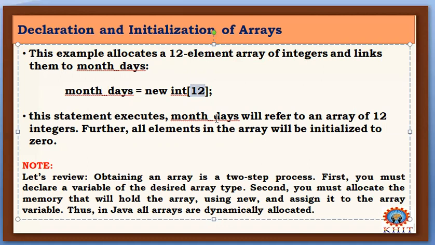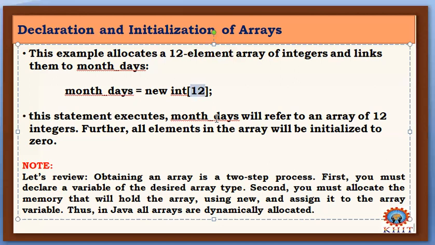Okay, previously what we did was only a declaration: int month_days and we left it there. So that is a declaration of the array. When you want to allocate a particular memory, how many bytes and how many locations you want, you need to mention that in this statement.